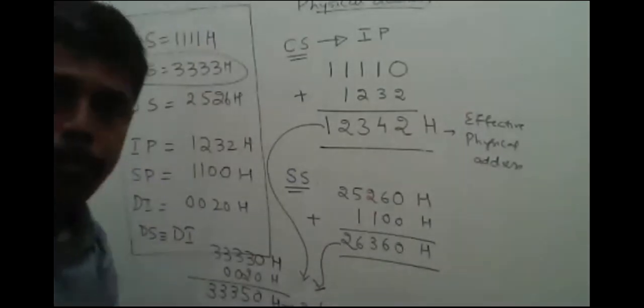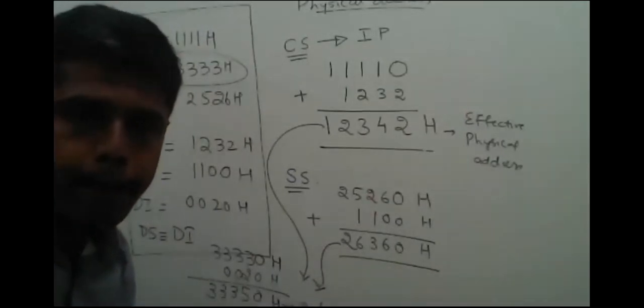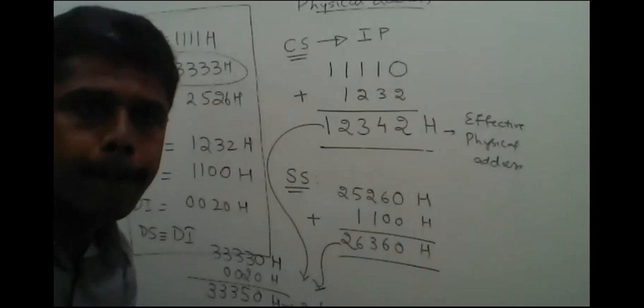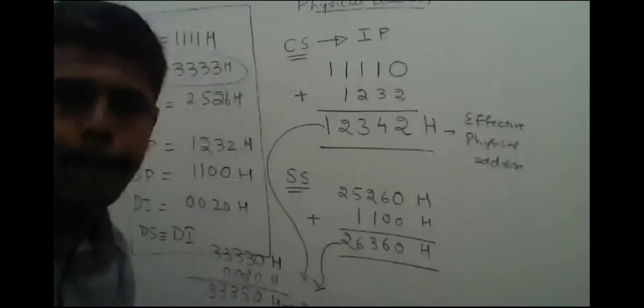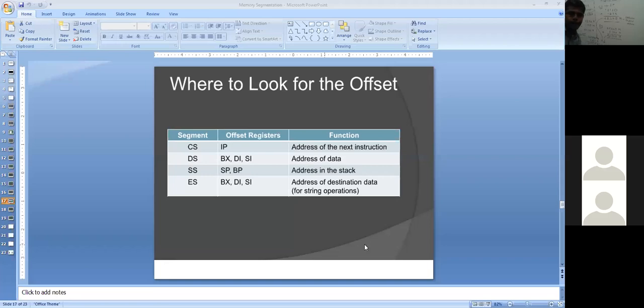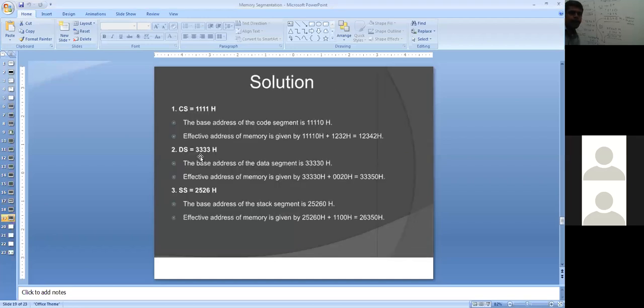Okay, this is the idea. Now you see here, for the code segment we got 12342H, for the data segment we get 33350H, and for the stack segment we get 26360H.